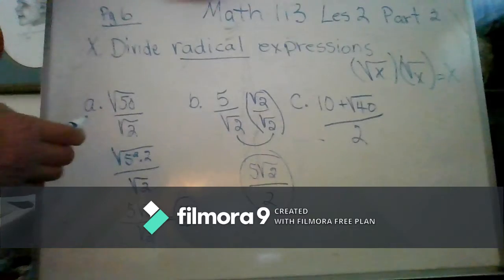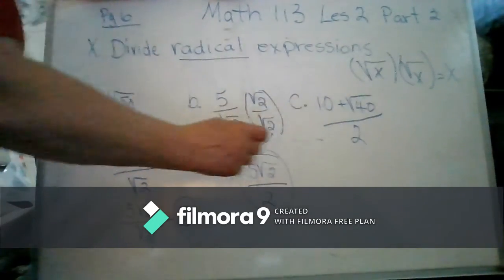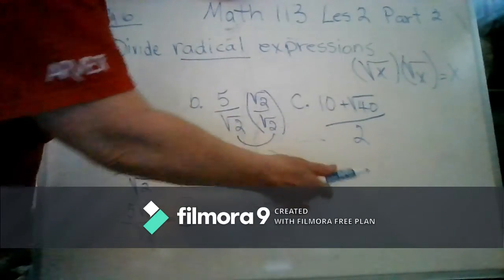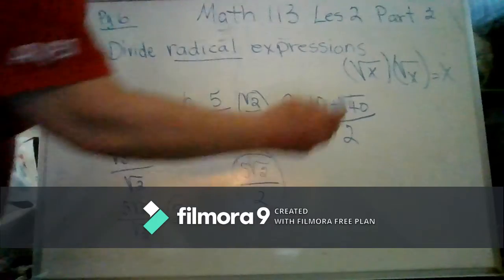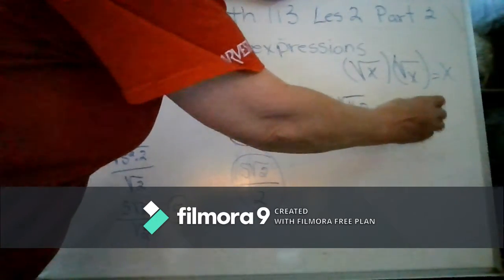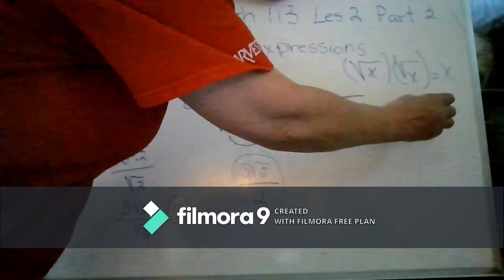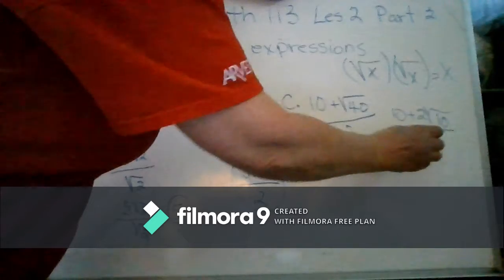Okay. Try to reach over here to get C without getting in your way here. On this one, let's go ahead and simplify that 40 first of all. So I'm going to have 10 plus 2 times the square root of 10 over 2.